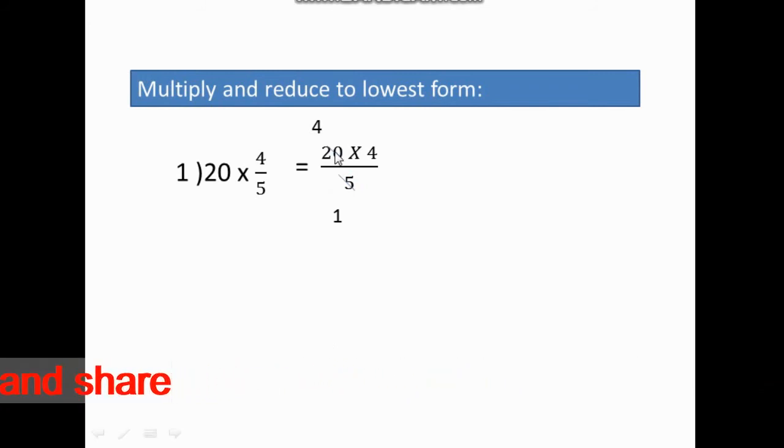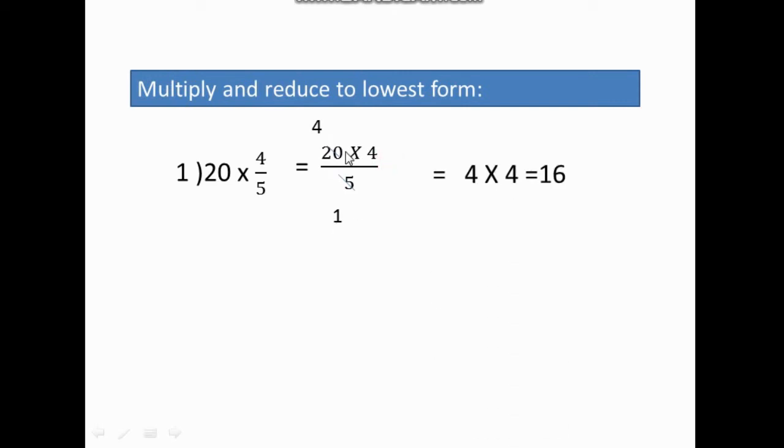Then you have to cut this 20 and write 4 up here, and cut 5 and 5 divided by 5 is 1. So you got the number 4 here. The next number is 4. Then down in the denominator you can see 1. So we can write the remaining numbers 4 into 4. So 4 into 4 is 16 is the answer.